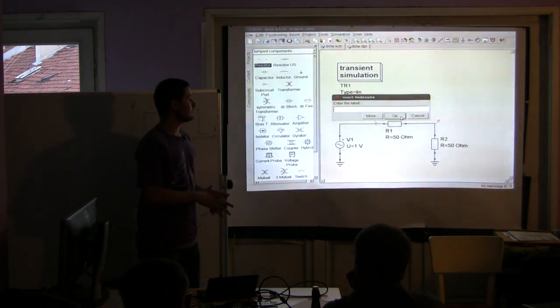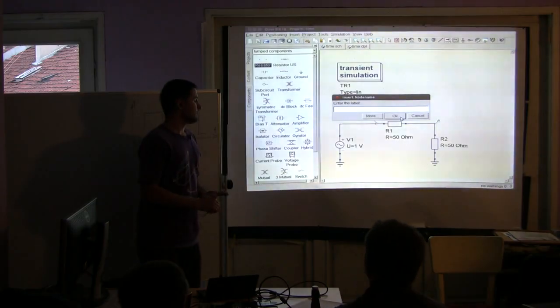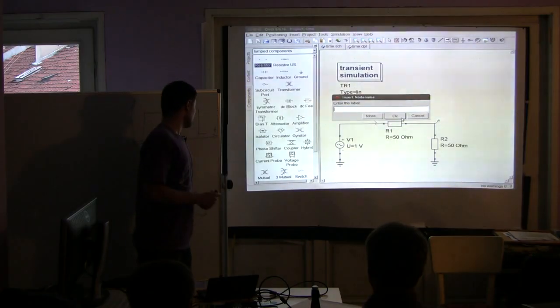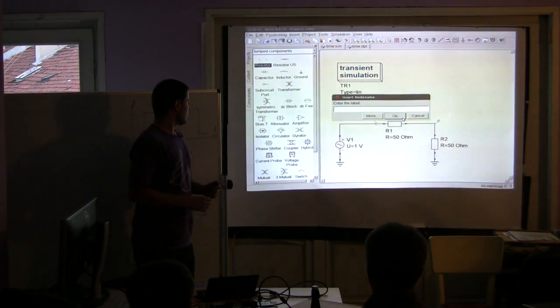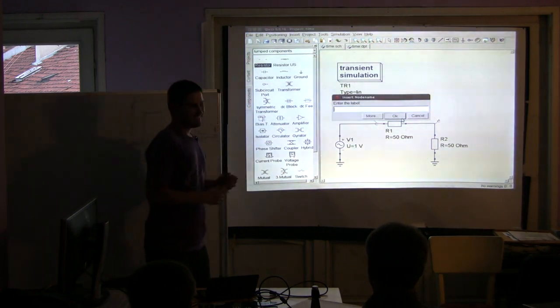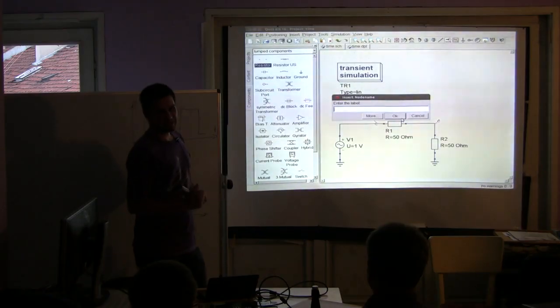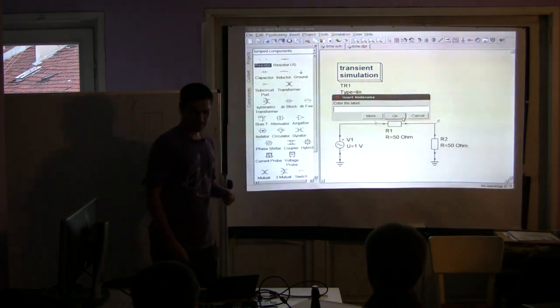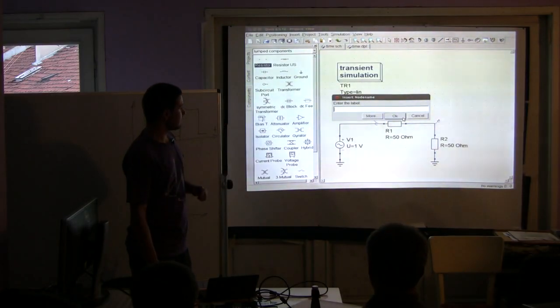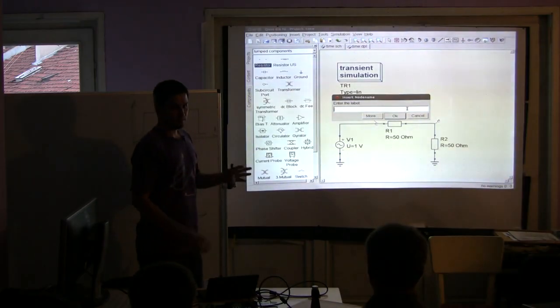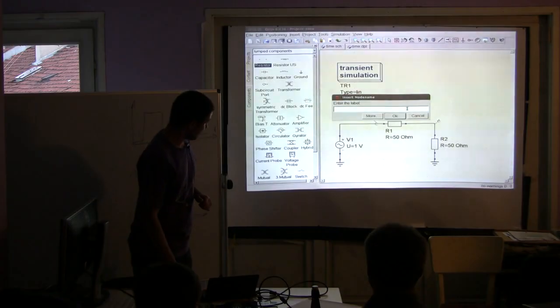The DC parameters are usually shown with upper case letters, and the alternating parameters like voltages and currents are defined with small letters, so you can easily distinguish between them.